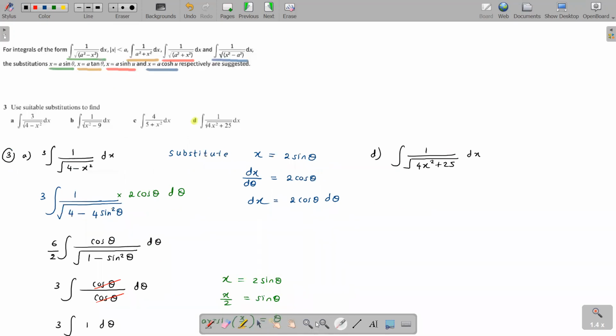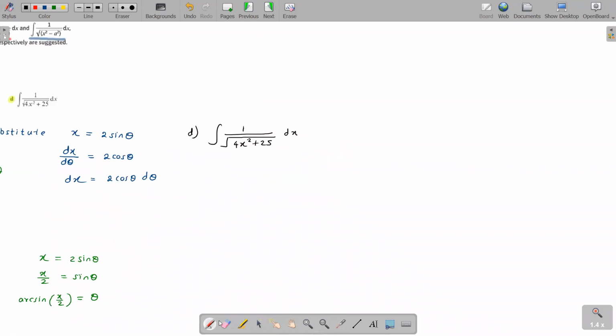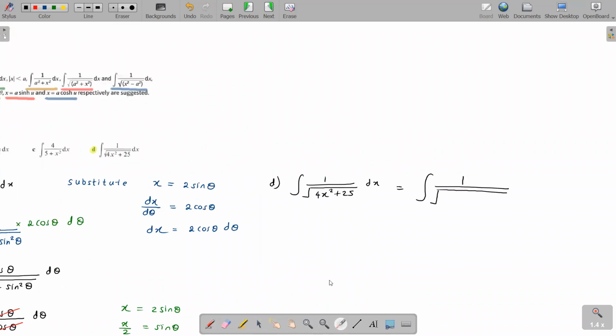So what do you have to do? Take the 4 out. Let's take the 4 out first. So integration 1 over, I'll take the 4 out inside the root first. So inside the root, I don't want this x square to have a 4. The x square needs to be alone according to the format because otherwise I can't use these rules. So when I take a 4 out, what is remaining here? X square plus, I'm taking a 4 from both of these, 25 over 4.